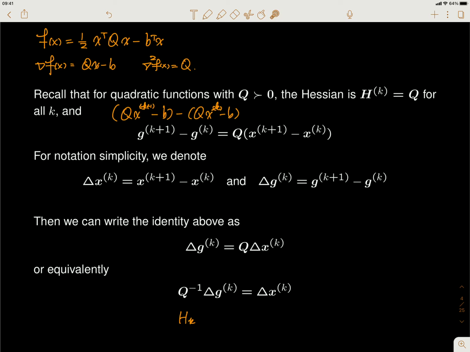That means we want to replace Q inverse by hk. If we substitute Q inverse by hk, we should still have this equation.